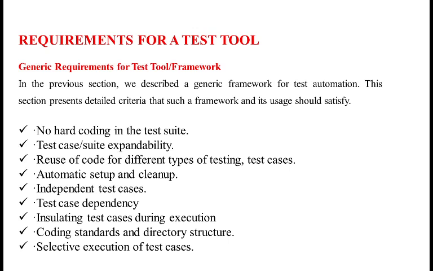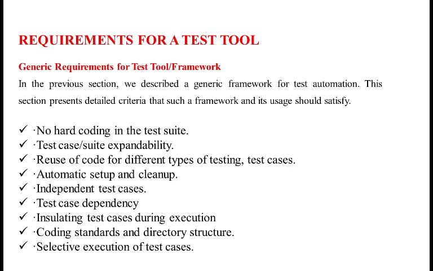The next requirement is coding standards and directory structure. Coding standards and a proper directory structure for a test suite may help new engineers understand the test suite fast and help in maintaining the test suite. The next one is selective execution of test cases.